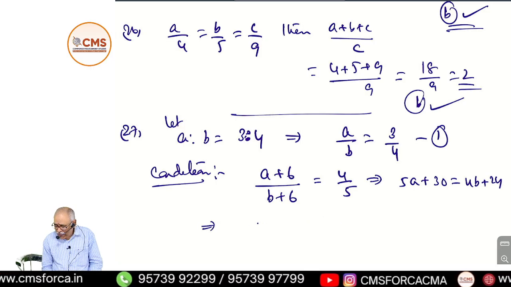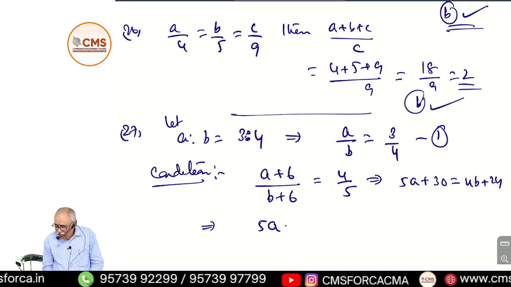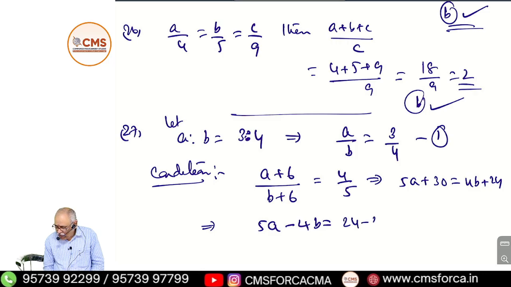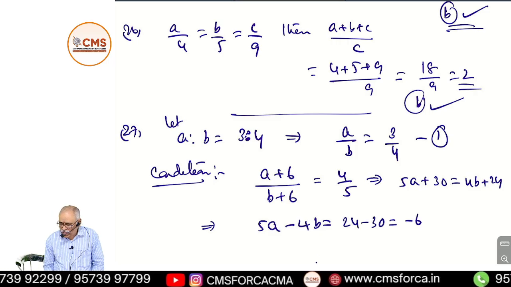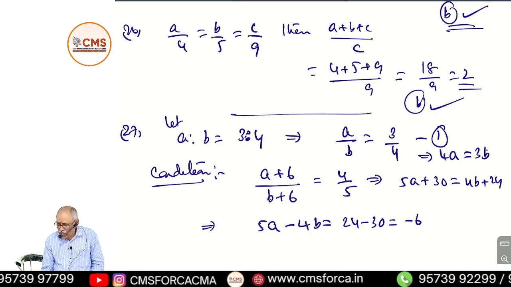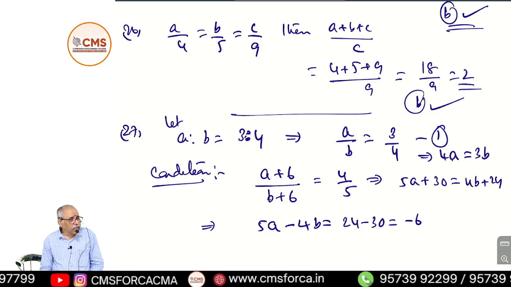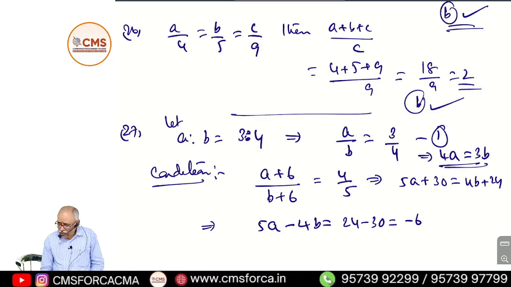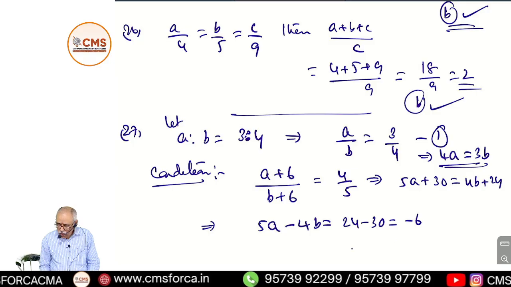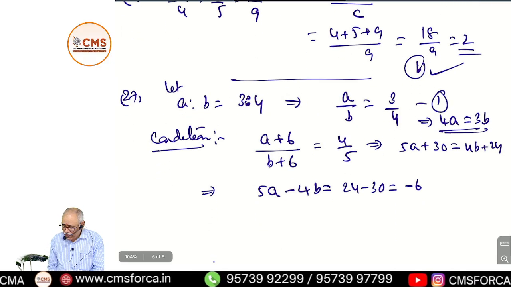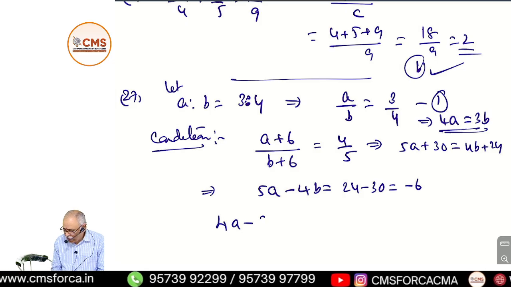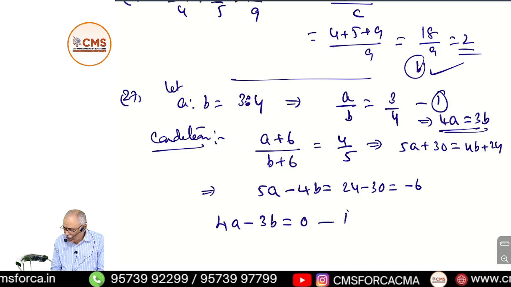What does it imply? 5a minus 4b equals 24 minus 30, which is minus 6. From the first one, what can we write? 4a is equal to 3b, isn't it? So can you write it as 4a minus 3b equal to 0? So equation 1 is 4a minus 3b equal to 0. This is equation 1.